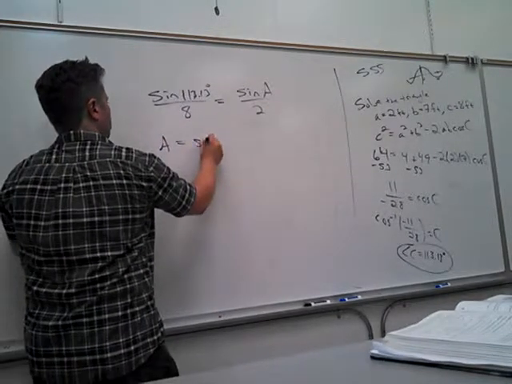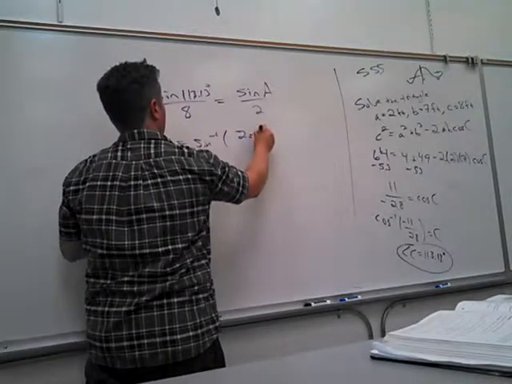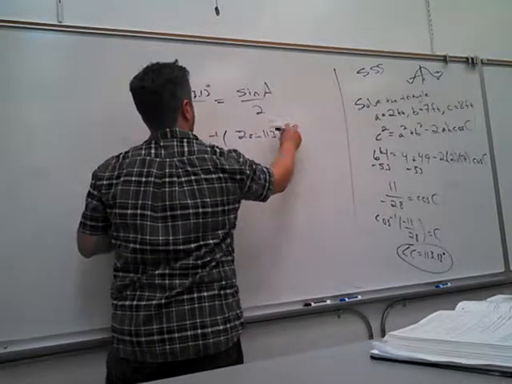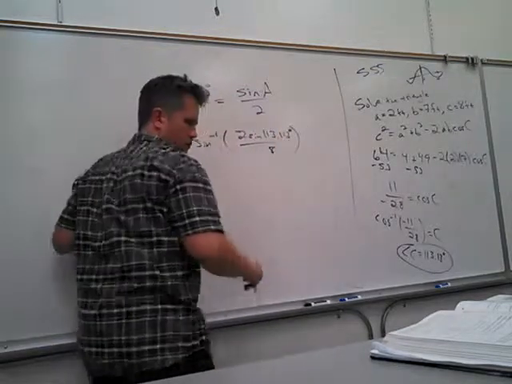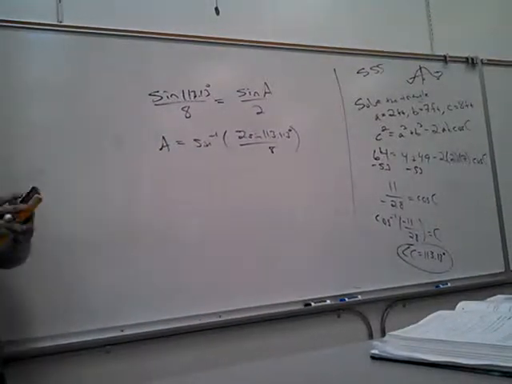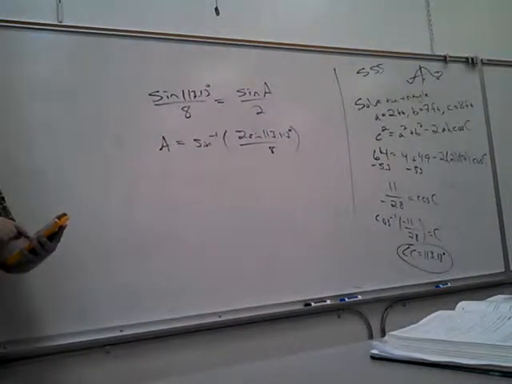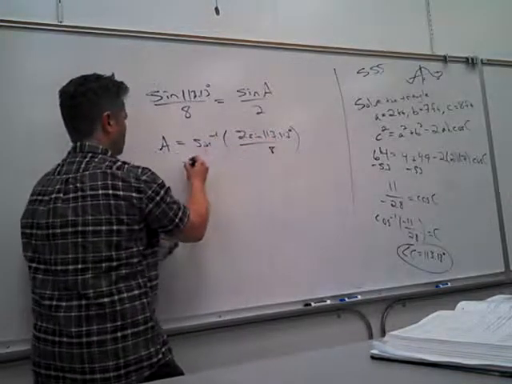A equals inverse sine of 2 times that over 8. We double it to the inverse sine. Inverse sine of sine of 113.3 divided by 4. Reducing that if you want to.